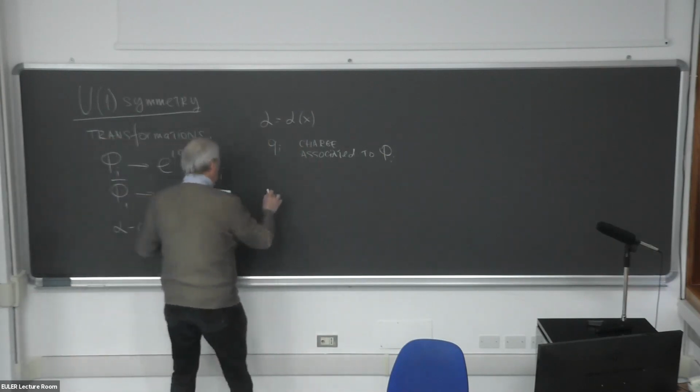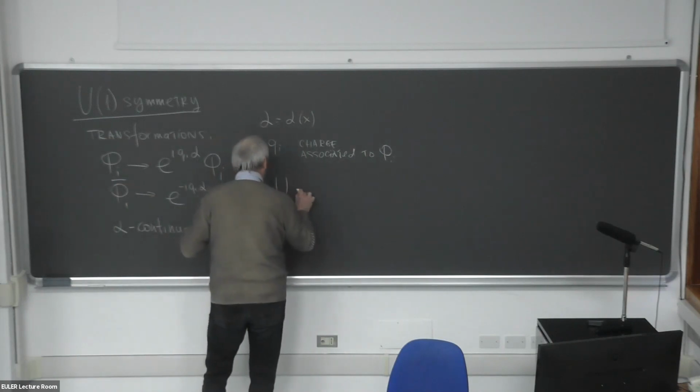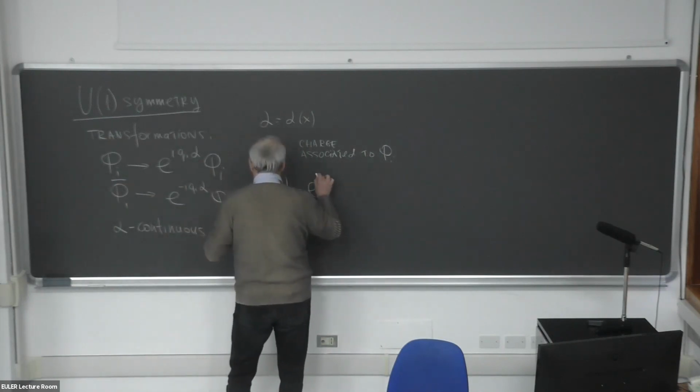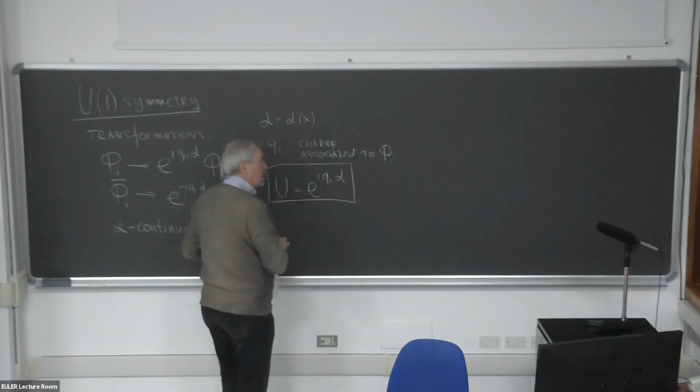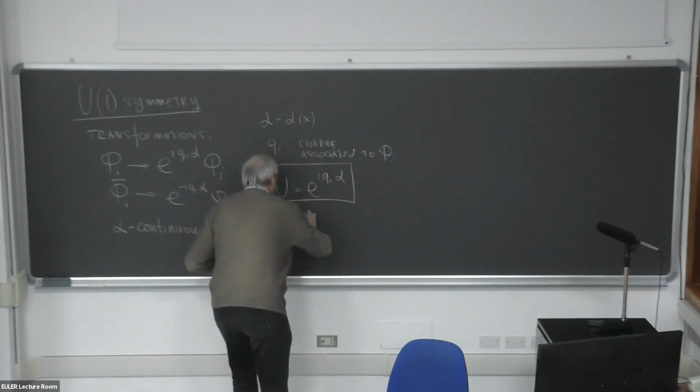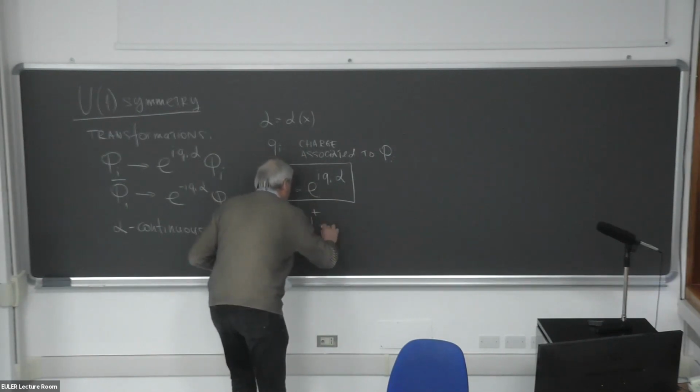So we have the transformation, which is e^{i q_i α}. This is a unitary transformation, so that U U† is 1.